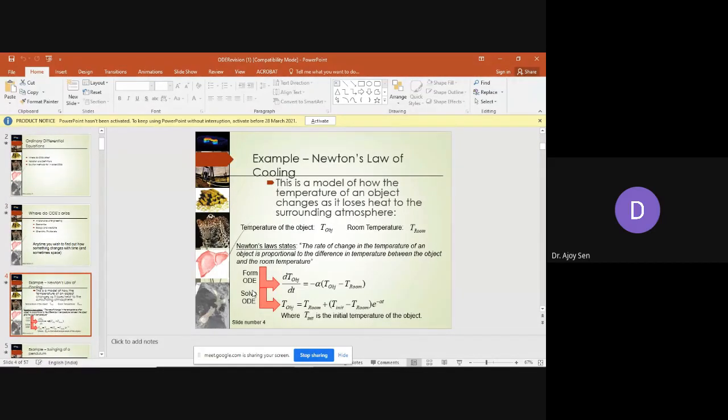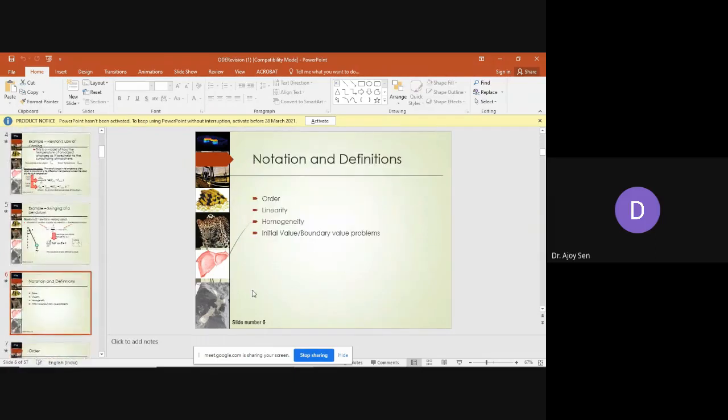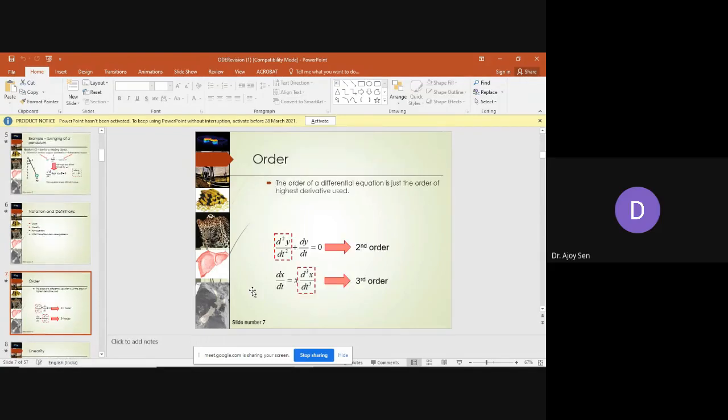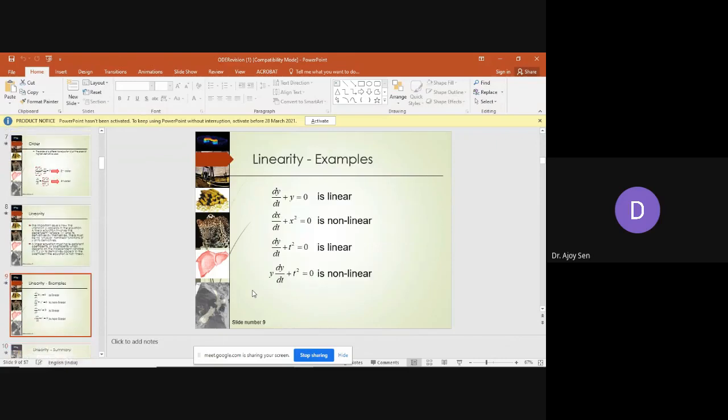There are some examples where differential equations arise, such as Newton's law of cooling or the swinging of a pendulum, and then order, linearity, homogeneity, and initial and boundary value problems. I have mentioned initial value problems, but I have not mentioned boundary value problems, so today I will mention the boundary value problem.